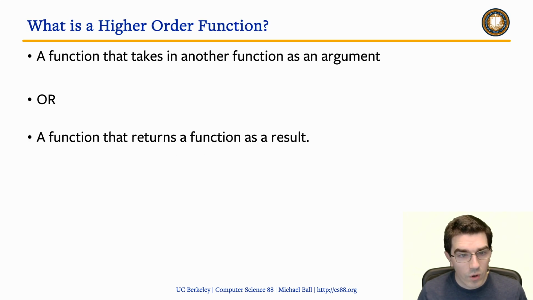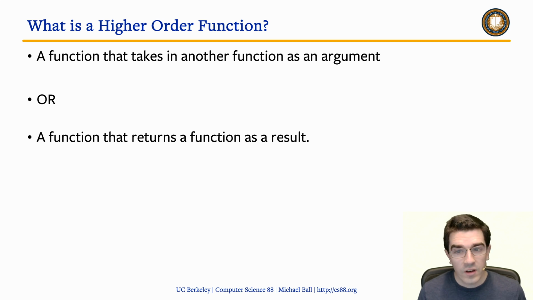So with that, what is a higher order function? A higher order function is one of two things. It could technically be both of these, but a function that takes in another function as an argument. So we're used to right now having functions that take in words, numbers, maybe a Boolean as an argument. That is quite common. It's something that you will be doing a lot. But another kind of argument is a function itself.